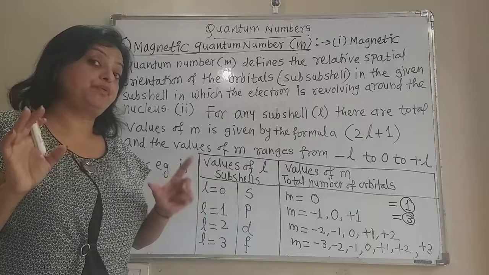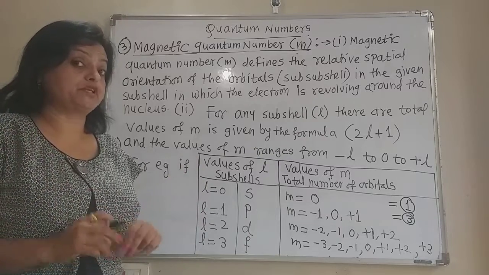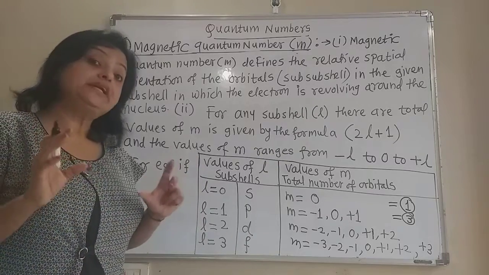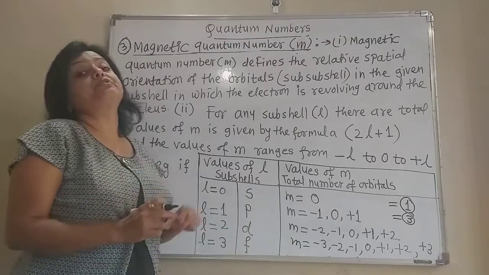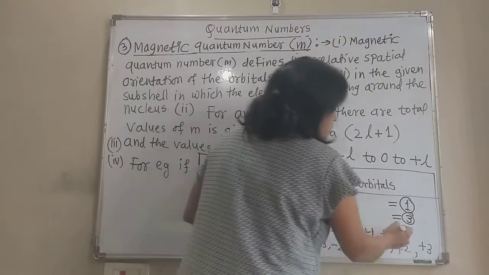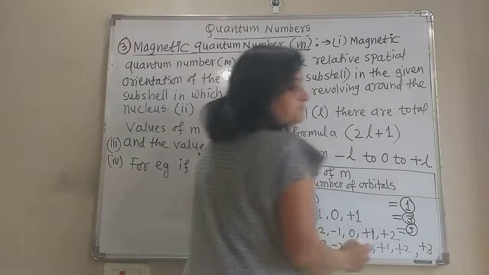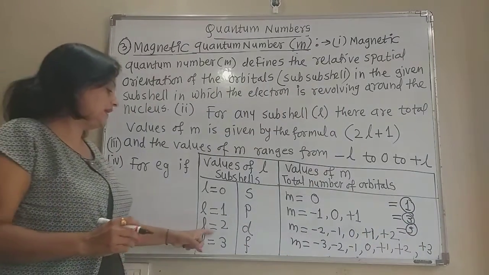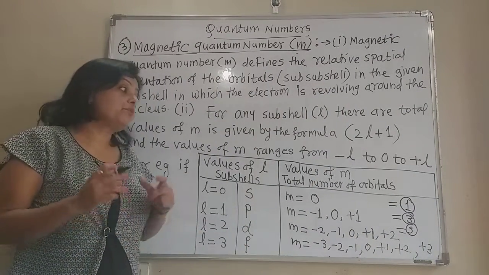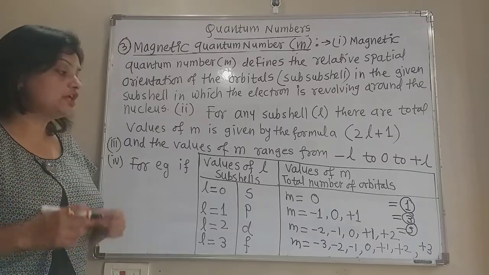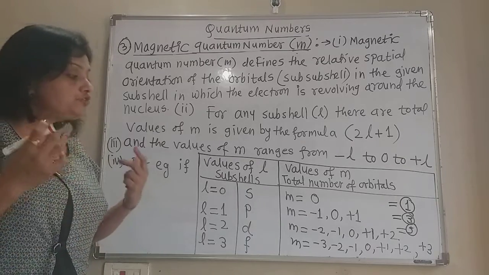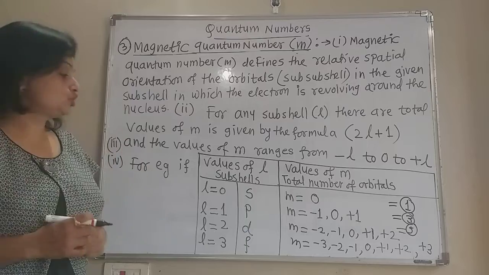These 5 different values of the magnetic quantum number mean there are 5 orbitals in the d subshell. So the total number of orbitals of the d subshell having L equal to 2 is 5, and their magnetic values are minus 2, minus 1, 0, plus 1 and plus 2.